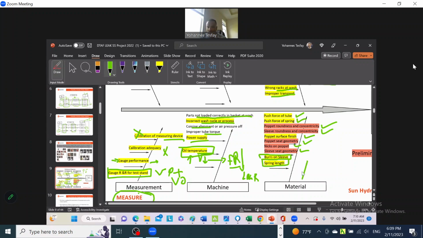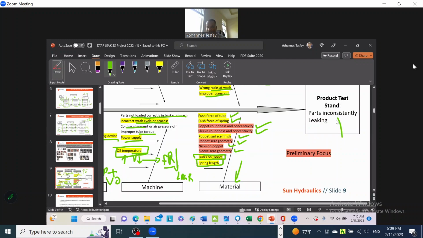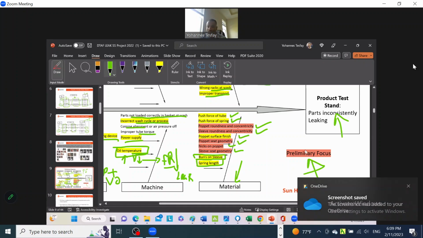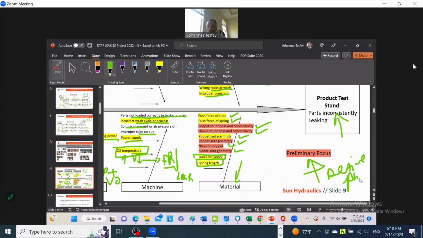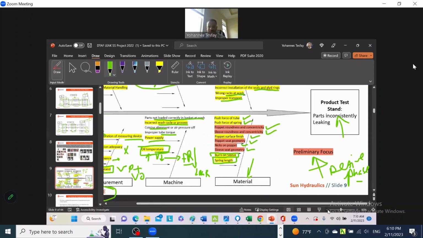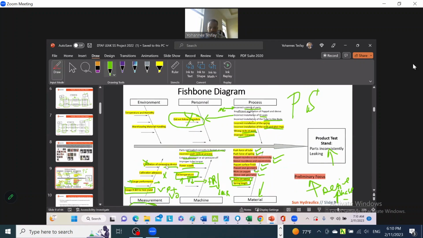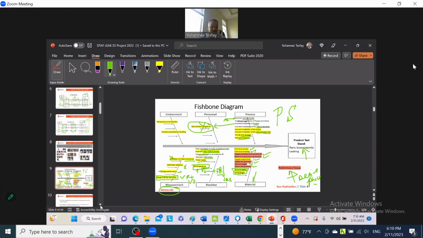All these things are in the material. And the problem is leak. Leak is what we primarily focus on, and that is in the define phase. We put that information in the define phase, okay? So that's why we are collecting it that way.